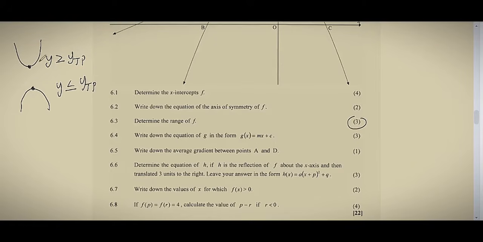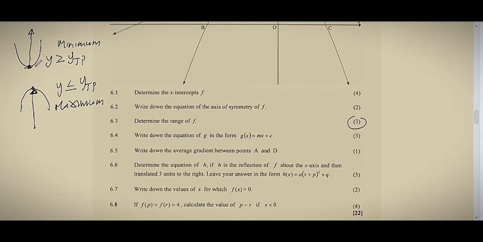This stems from the fact that this parabola graph will exist from this minimum point all the way to positive infinity. But this one here will exist all the way from negative infinity and will end at the maximum value. So this has a maximum value while this one has a minimum value.